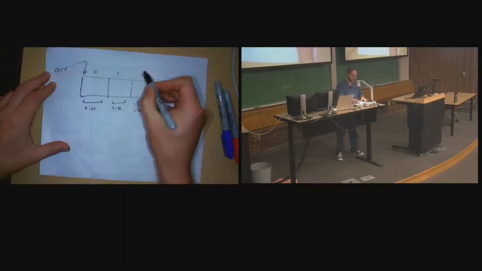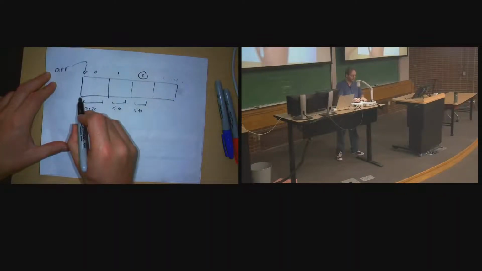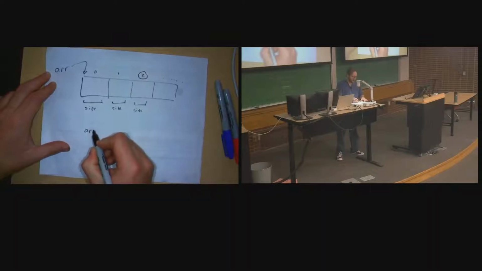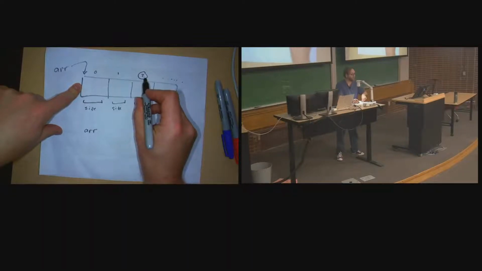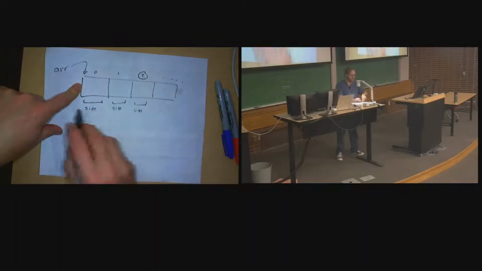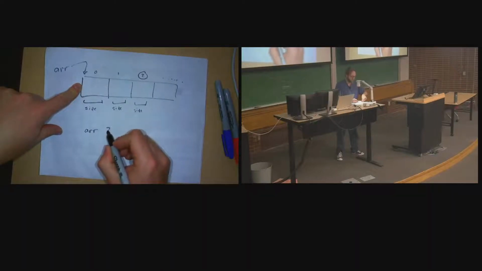So let's just take the second element here. What address is that located at? Well, the start of the array is at ARR, right? How many more bytes are over here for the third element at index 2? It's going to be 2 times size.